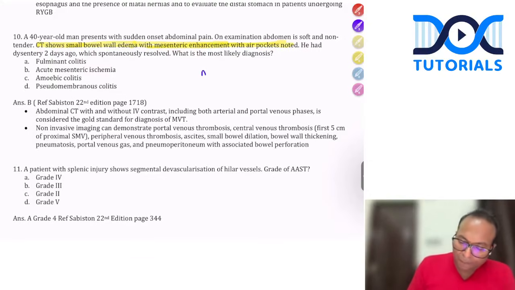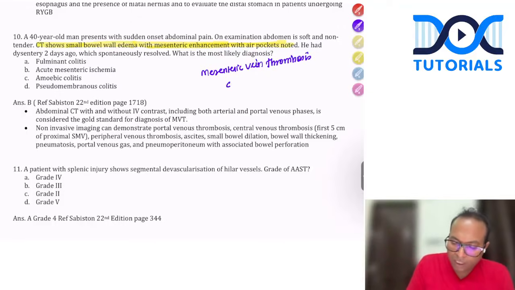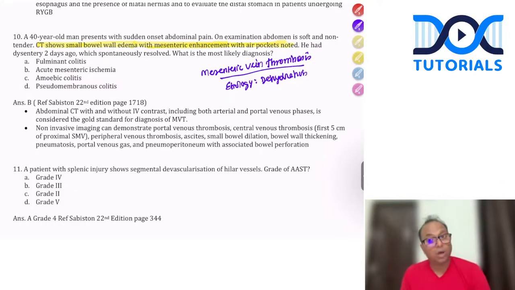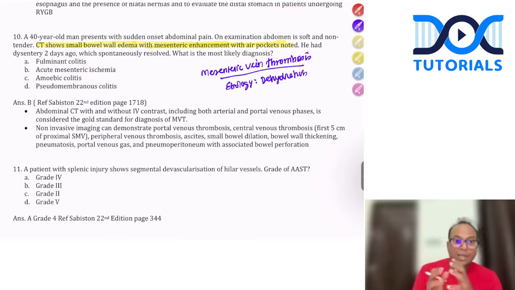This is a case of mesenteric vein thrombus. One of the important etiologies is diarrhea and dehydration. So improper fluid management and dehydration can lead to mesenteric vein thrombosis or non-occlusive mesenteric ischemia. Abdominal CT will show you bowel wall edema, and we have to note a very important finding.